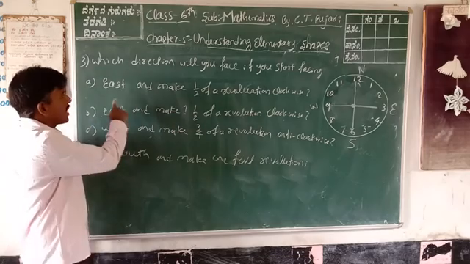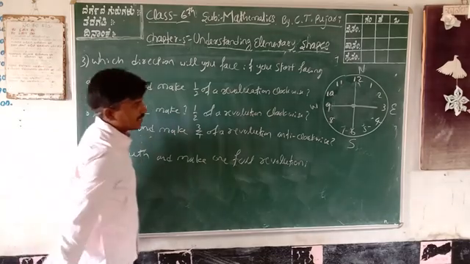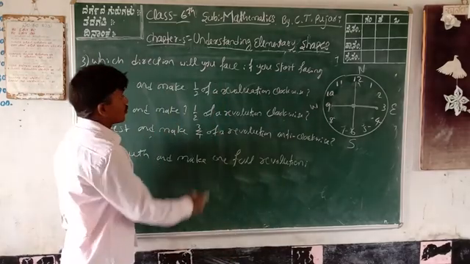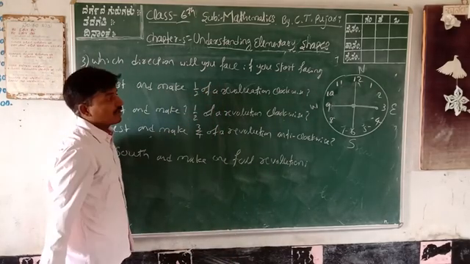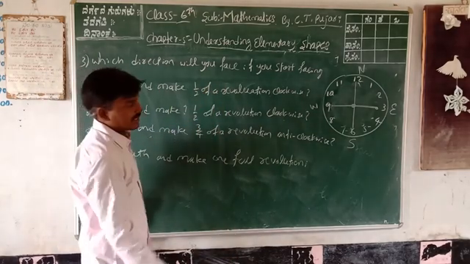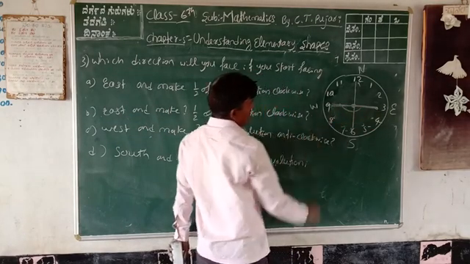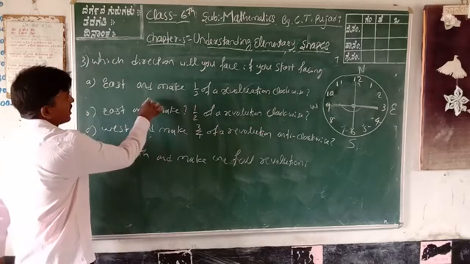Starting from east, half a revolution anti-clockwise, east to west. That is half. The answer is facing west only.